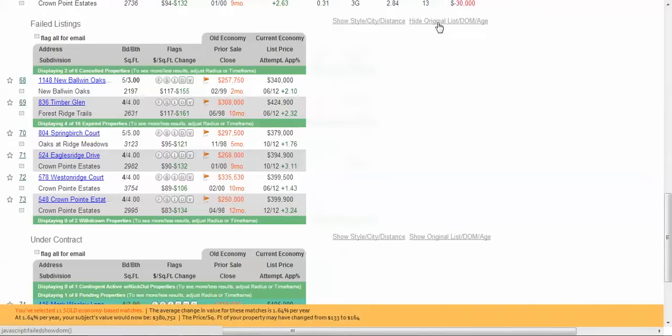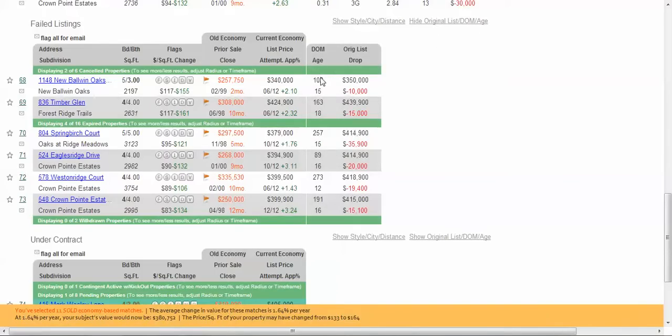They were out there for 102 days, or 163 days, or in this case 257 days. Regardless of all of these price adjustments, these guys dropped 10 grand, 15, 36 grand, etc. They still didn't go down to about the 1.5% growth rate. These people did, but they still didn't sell.